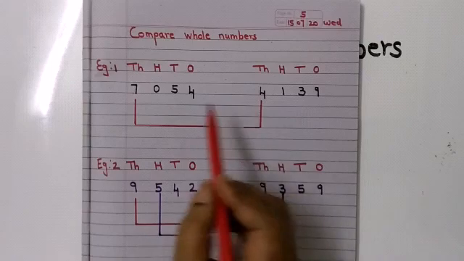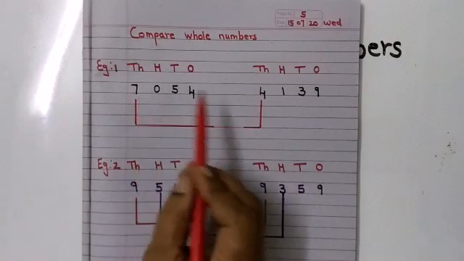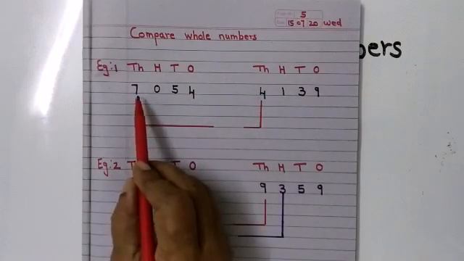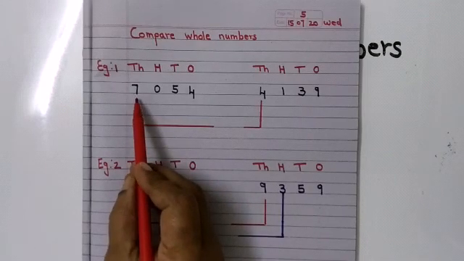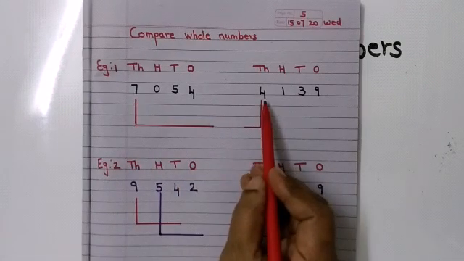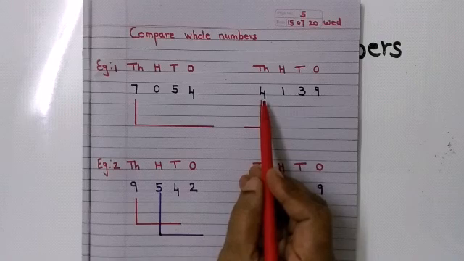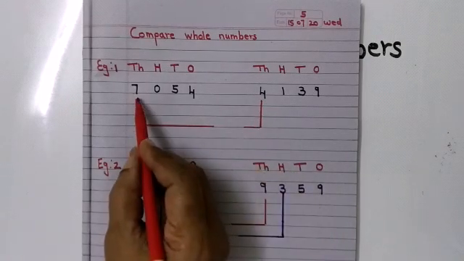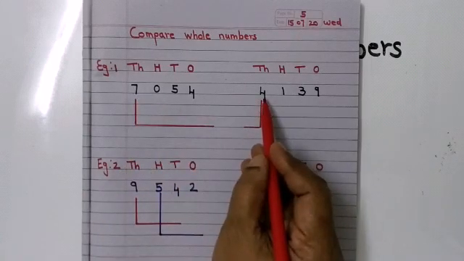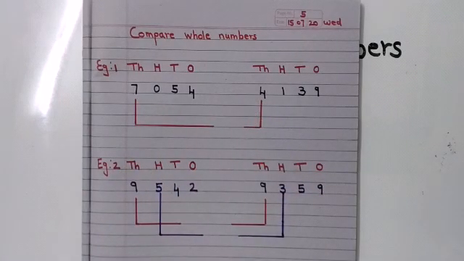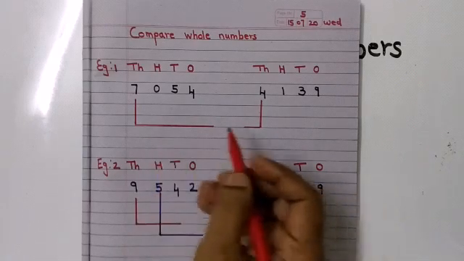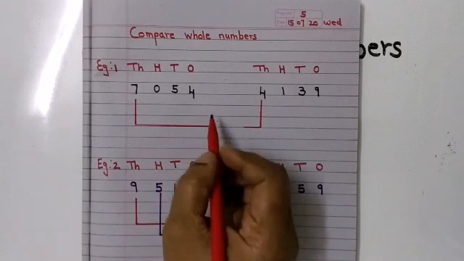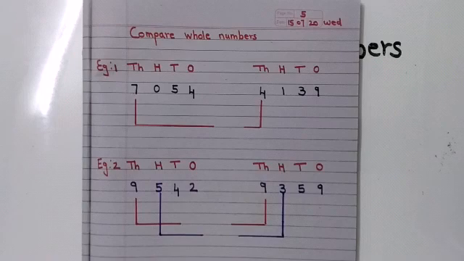So what will you do first is you will compare the thousands place. Now here we have 7 in the thousands place and here we have 4 in the thousands place. Now children, the 7 digit is greater or the 4 digit is greater? Yes, 7 digit is greater. So what will I write over here?